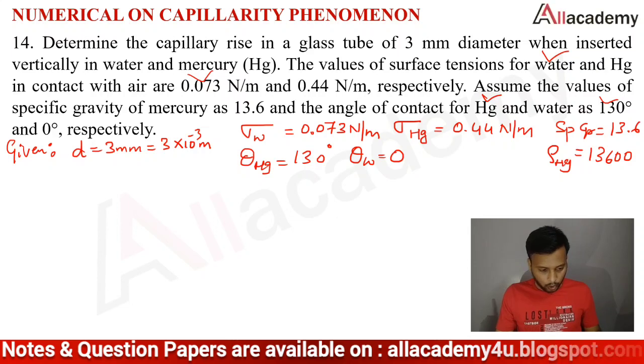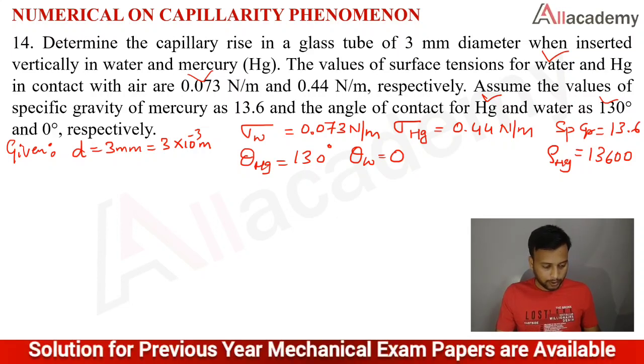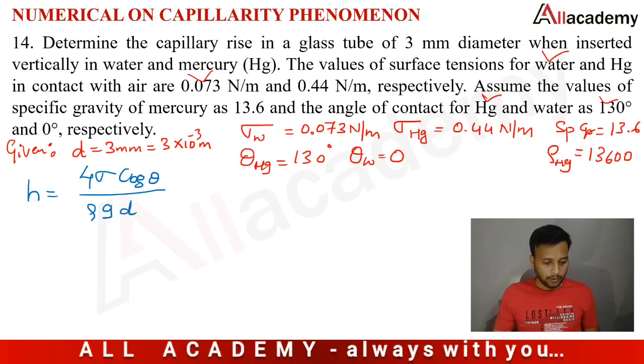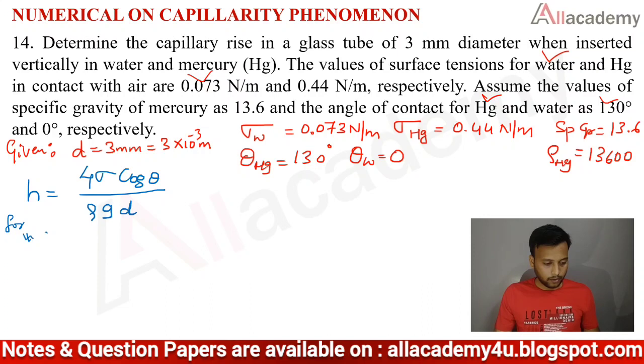We all know that for both these cases the same common formula will be used, that is h is equal to 4 sigma cos theta divided by rho g d. Now I will write it for water. I need to calculate h.